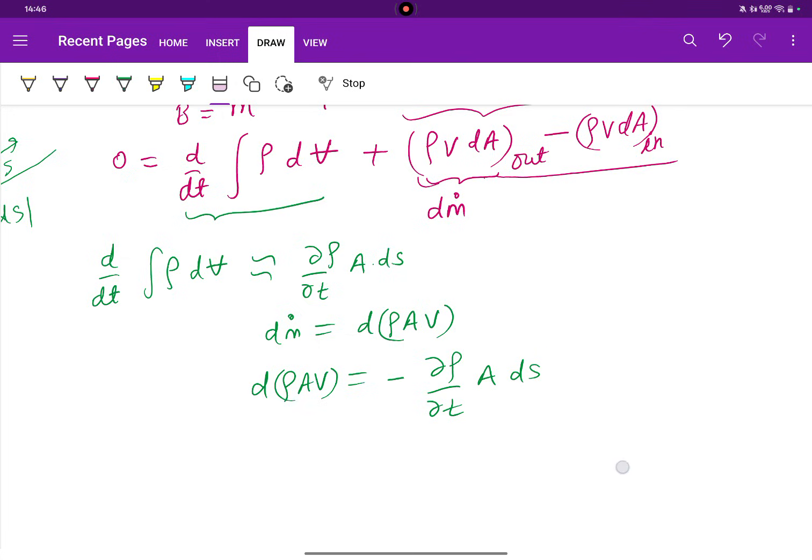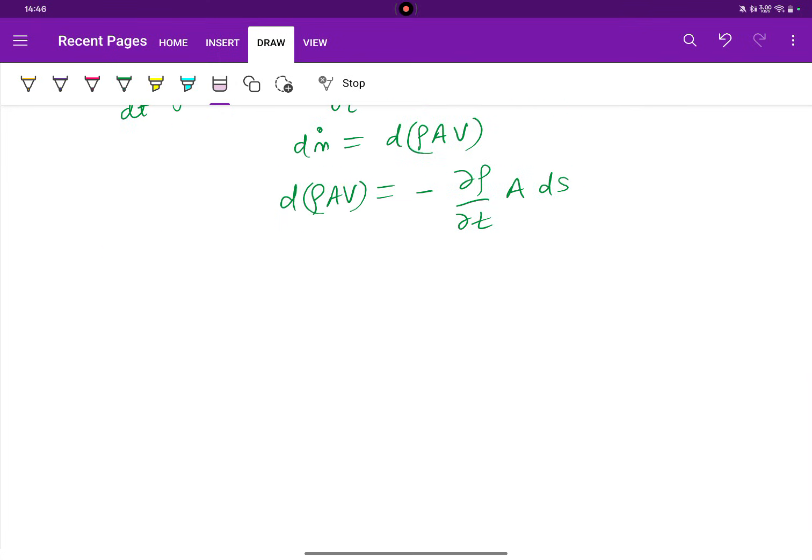Fine. Now what we have to do is apply the momentum equation using RTT. In my next video I will derive the Navier-Stokes equation.